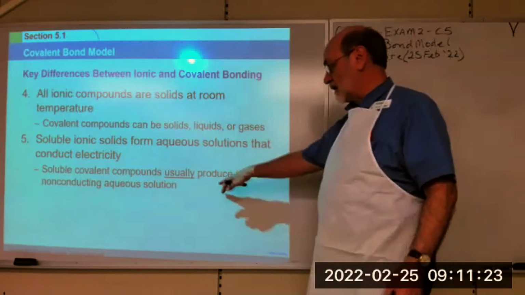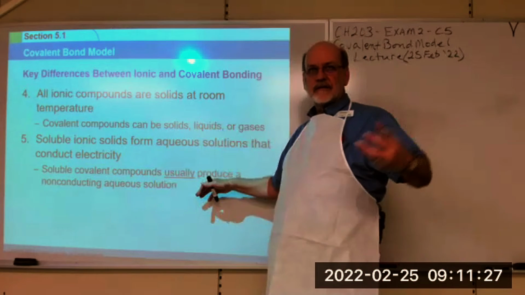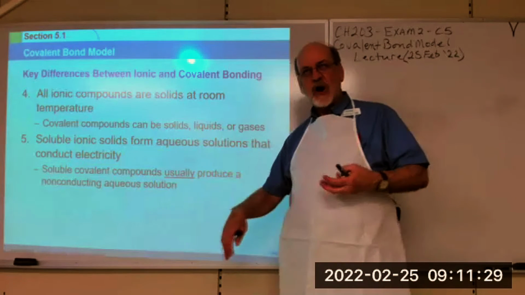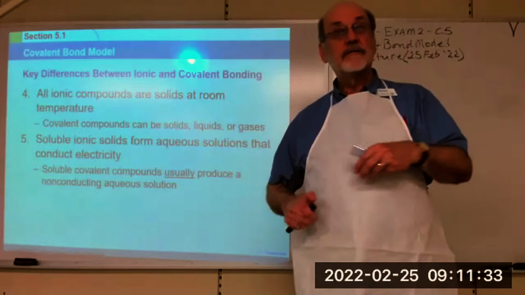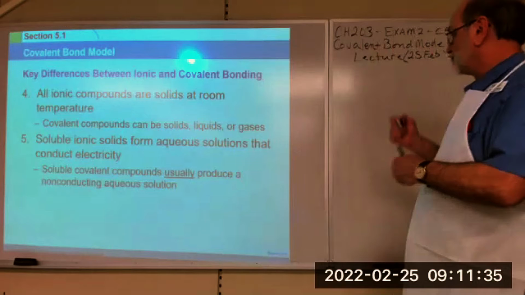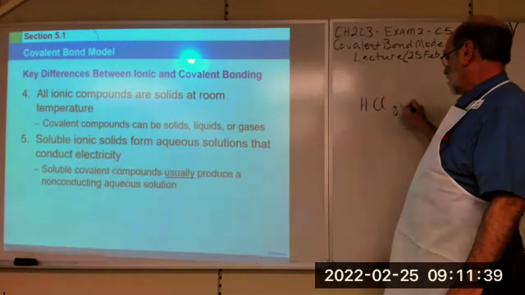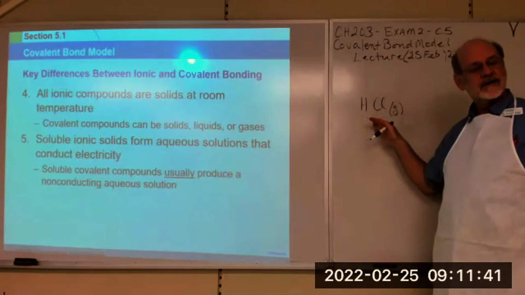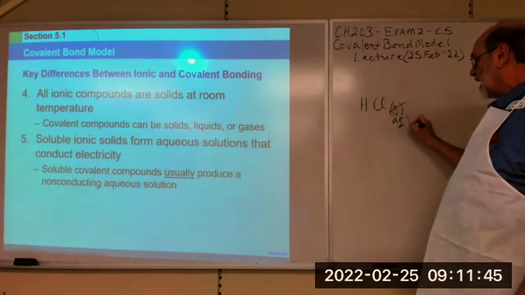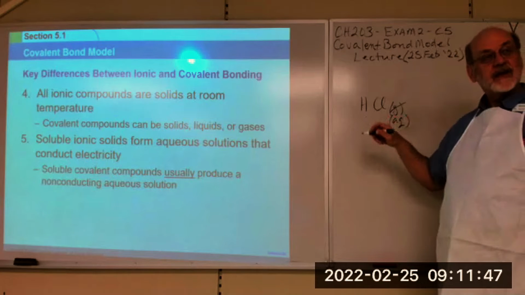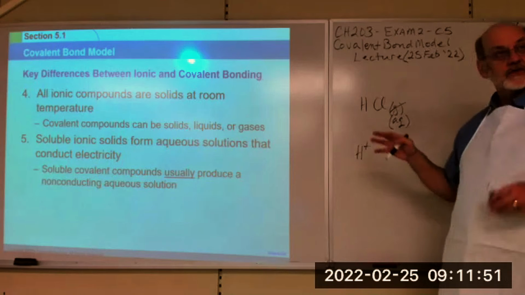We say usually, because there are cases where they will shed parts of themselves and make ions. For instance, acids. If you put HCl gas, hydrogen chloride, and dissolve it in water, now it's hydrochloric acid. It completely dissociates into those ions.